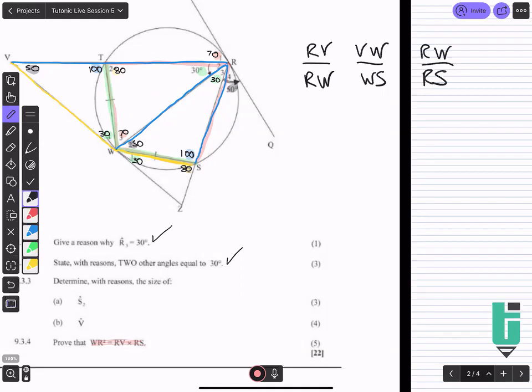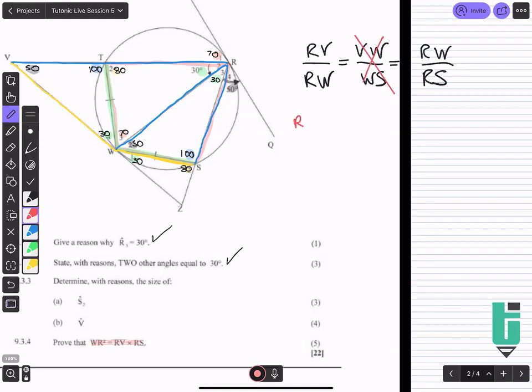And basically, these are the proportions of the different sides. And because the triangles are similar, the proportions are equal. Okay. Now, in our question, there's no VW, no WS, so we can discard this.